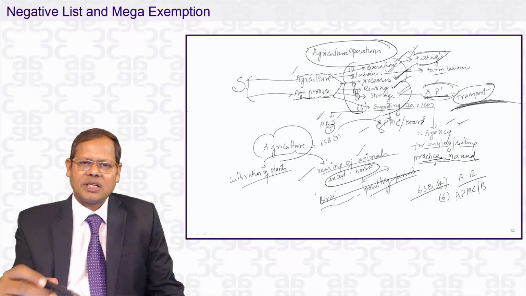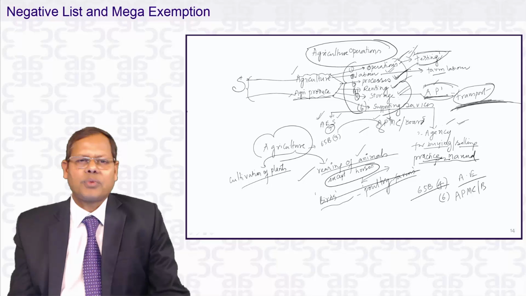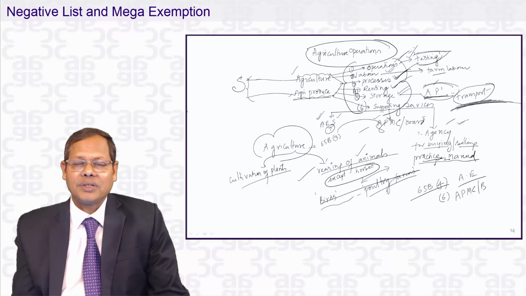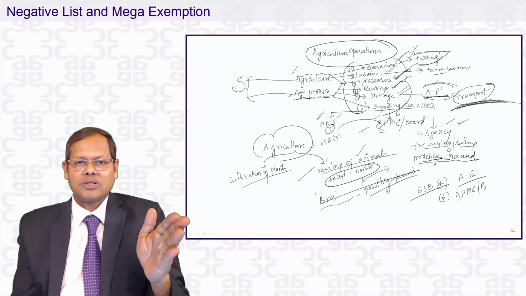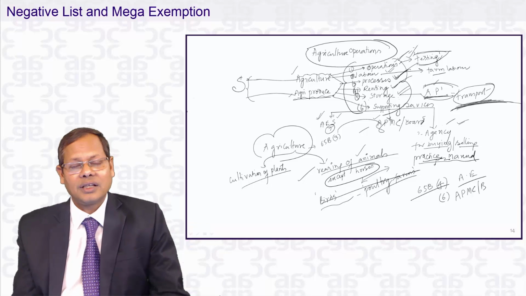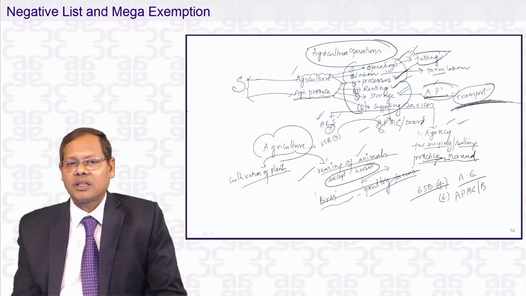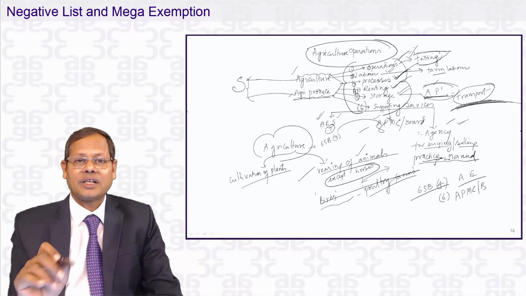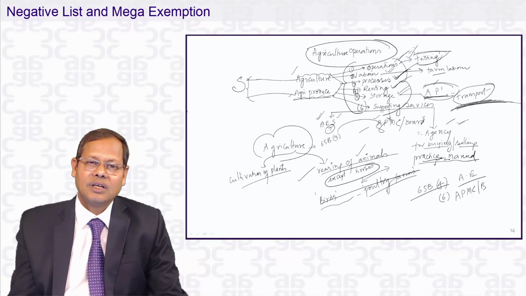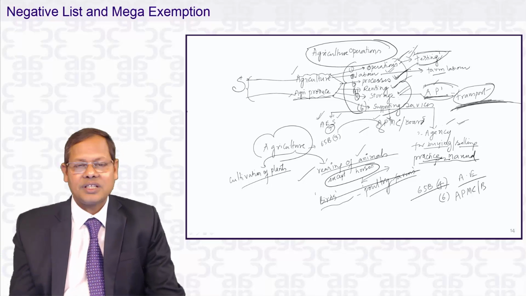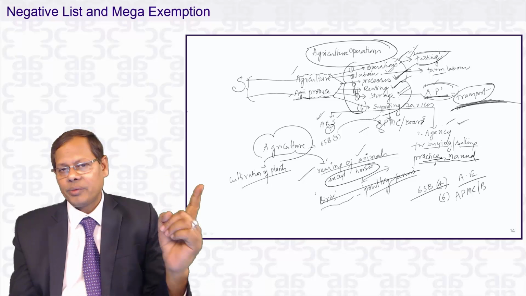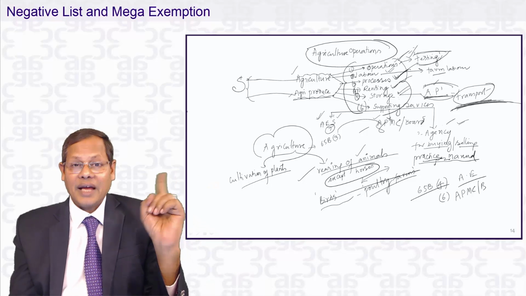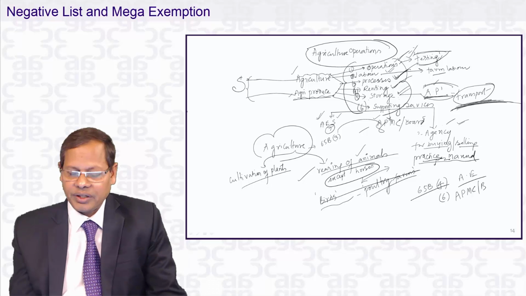Except these services, whatever else is provided by government is under the negative list. So under the category of government, the taxable services list is small, whereas under the category of agriculture, the negative listed services list is small and the taxable services list is very big. That is the difference.